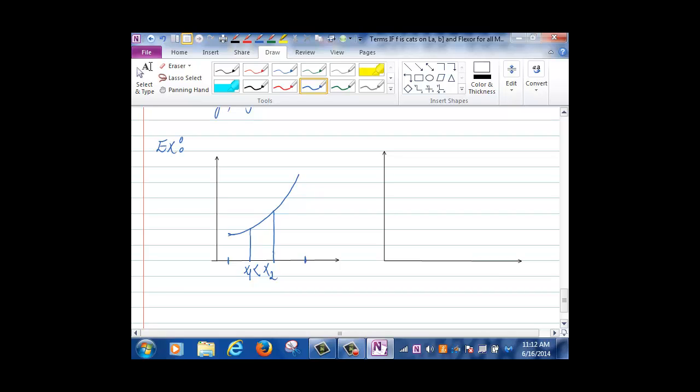As you go from left to right, the graph is rising. The height of the graph at x2 is bigger than the height at x1.